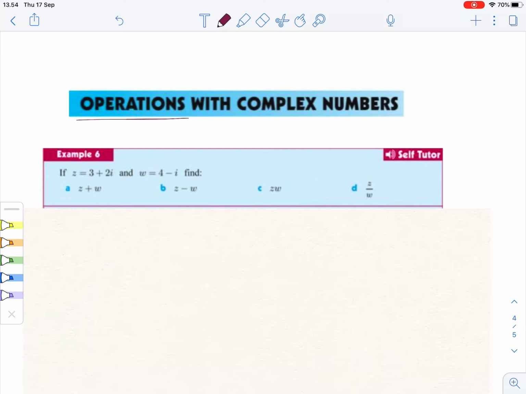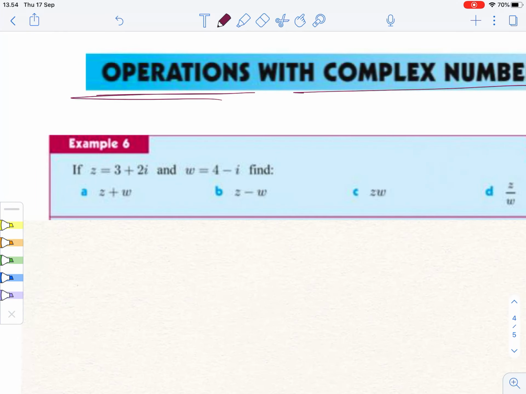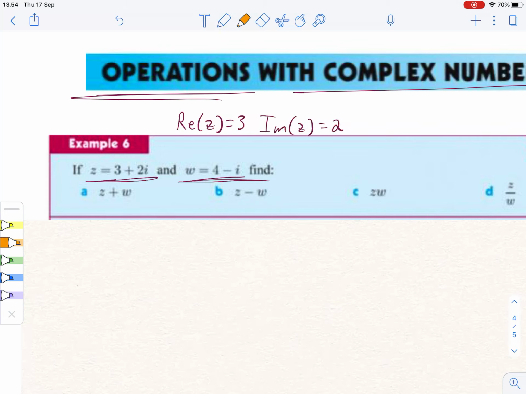In this video, we're talking about operations, multiplication, division, addition, and subtraction with complex numbers. So notice in example 6 here, I have z equals 3 plus 2i and w equals 4 minus i. Recall that the real part of z is equal to 3 and the imaginary part of z is equal to 2.